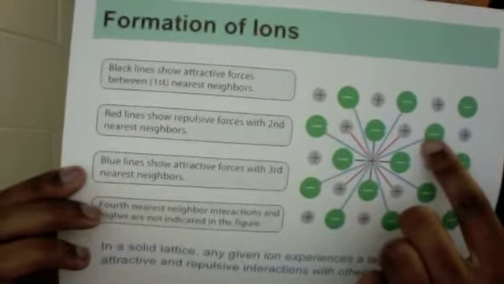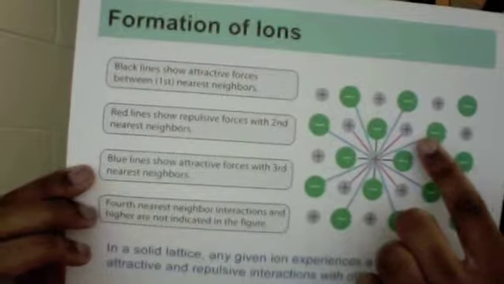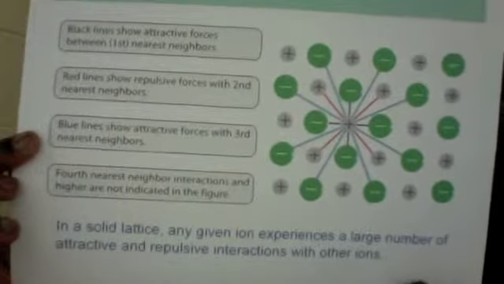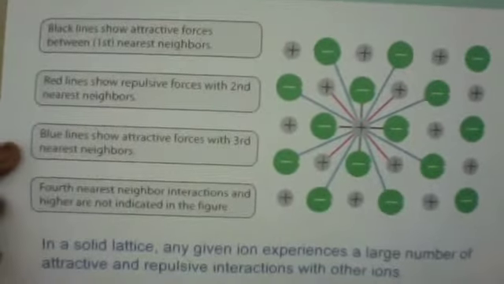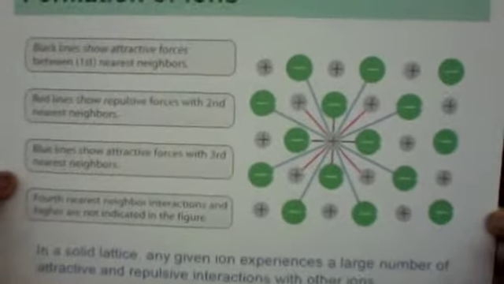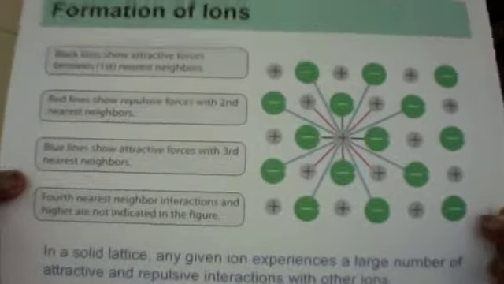Here we go. And fourth nearest neighbor interactions and higher are not indicated in the figure because they're not as important. In a solid lattice, any given ion experiences a large number of attractive and repulsive interactions with other ions. And that's pretty much what this is trying to show you, that there are that many different attractive and repulsive interactions going on all at the same time.